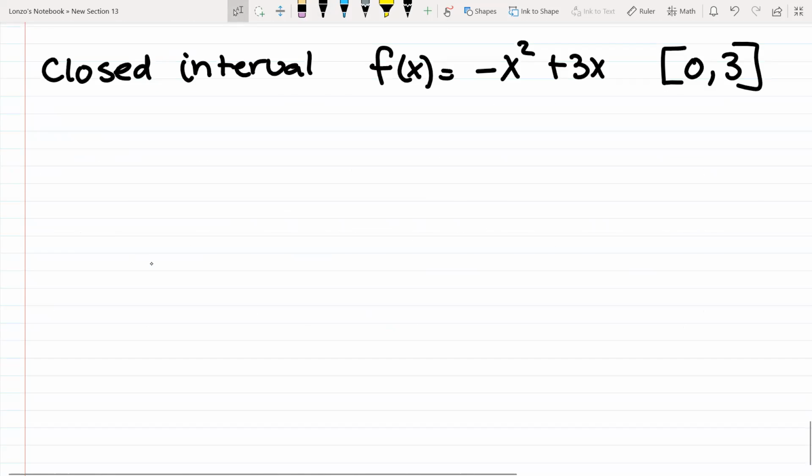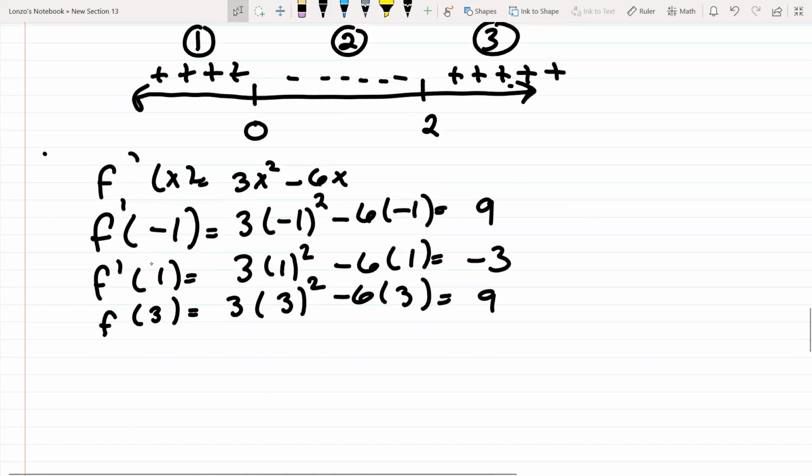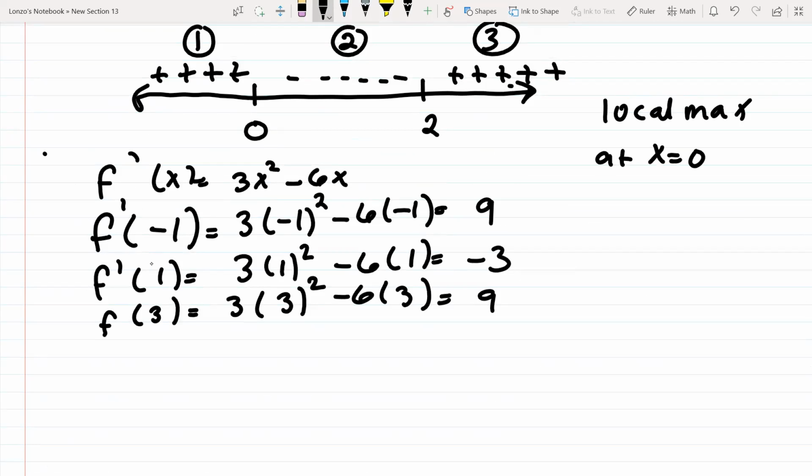Let's look at our signs. We have a positive and a negative. So that's a big clue. We have a local max at the x value equals 0, right? If you look at the sign, positive to negative, that means we have a local max at this value.